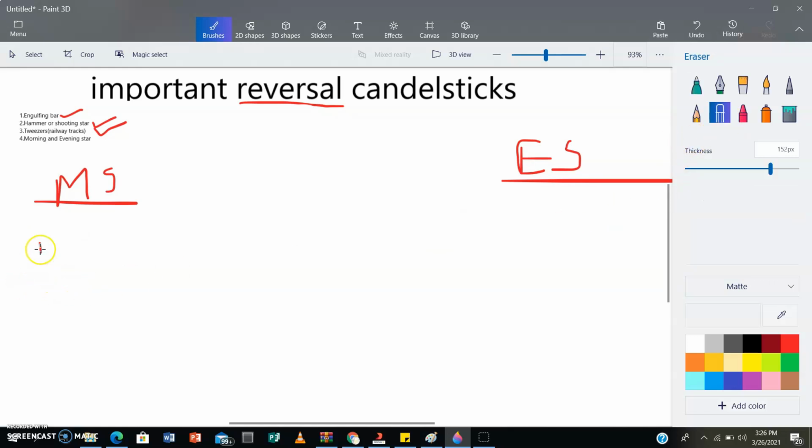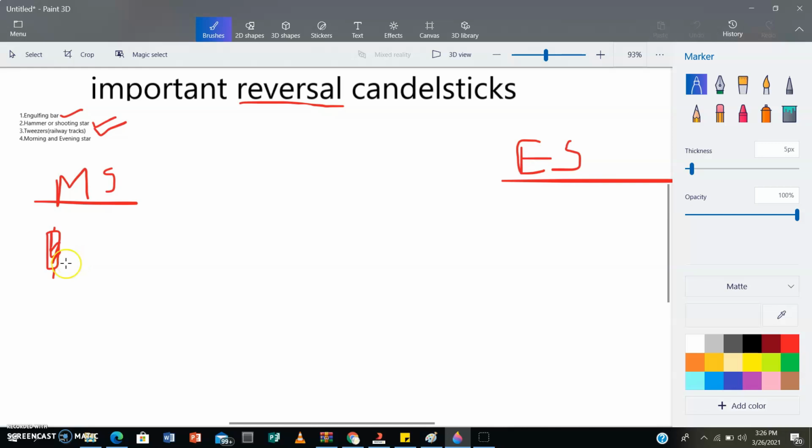We start off with a nice bearish candlestick here, maybe a small wick right there. And then it's comprised of three candlesticks, unlike all the other ones.